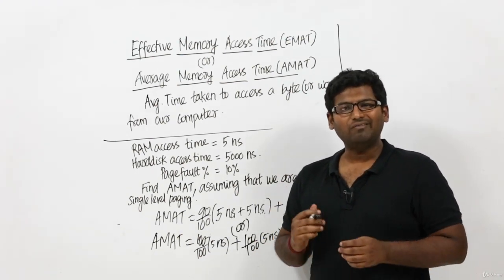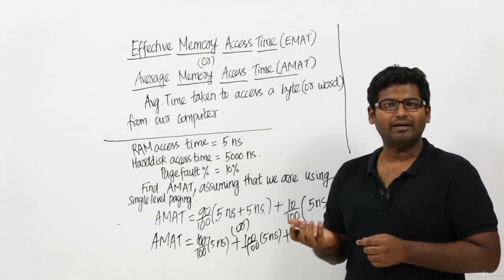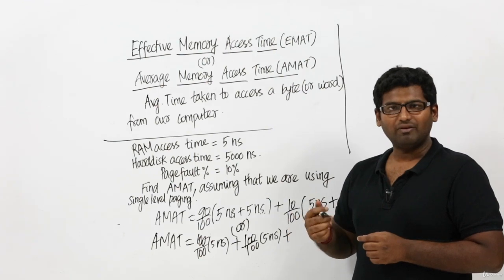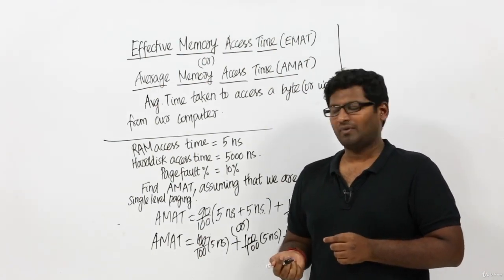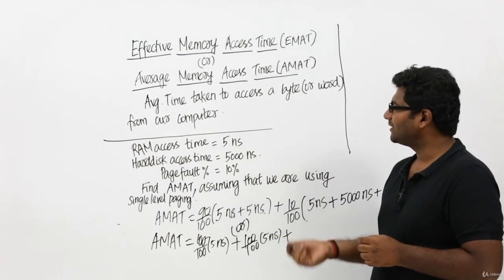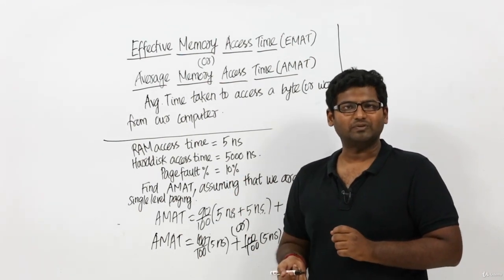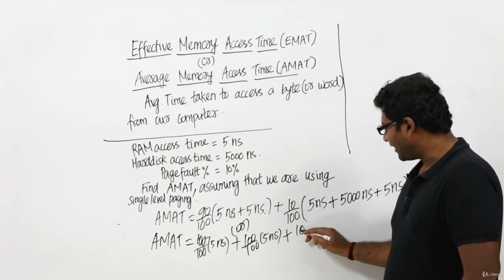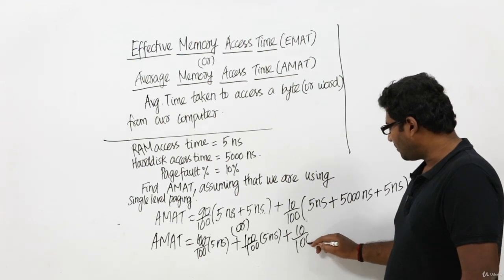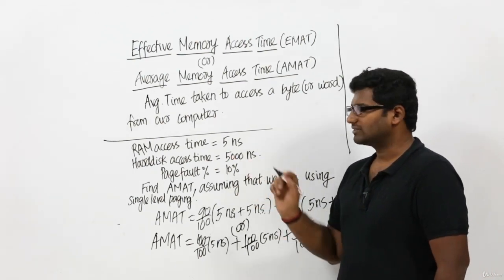Now when will we read the data from hard disk? We will definitely not read from the hard disk always. We will read it only if the byte is not present inside the RAM. When will the byte not be present inside the RAM? Only 10% of the times. 90% of the times the byte will be present inside the RAM, and only 10% of the times it will not be. During that time we will access the hard disk.